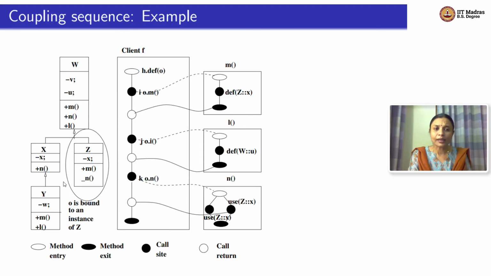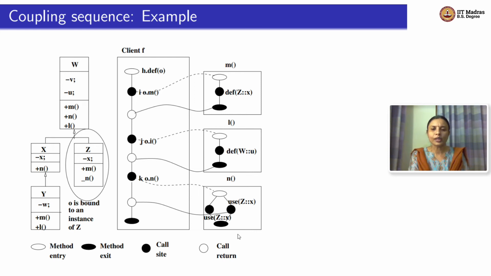Suppose you take the same class inheritance hierarchy that is on the left, but now an object o is bound to an instance of Z. So for the variables that are local to Z, like X, and the corresponding methods m and n, the versions that run in the last picture here, the versions that get used and partly defined are those of Z. So X, which also corresponds to Z, Z's version of m runs to define X, and W's version of U gets defined because U does not belong to Z anymore.